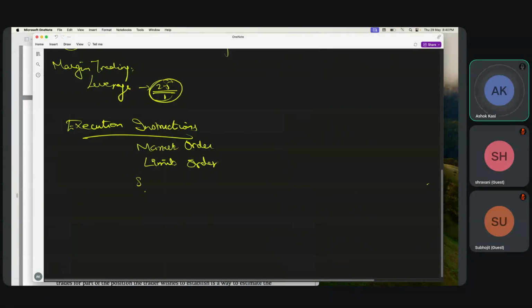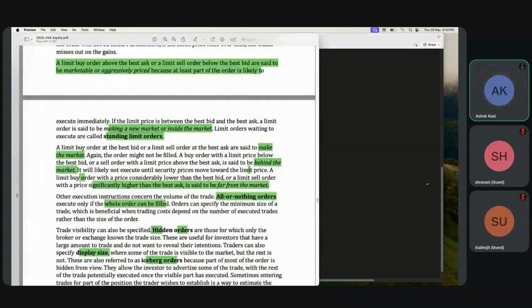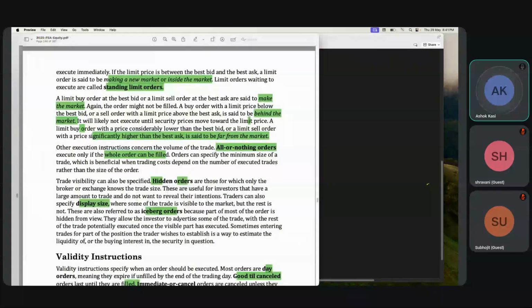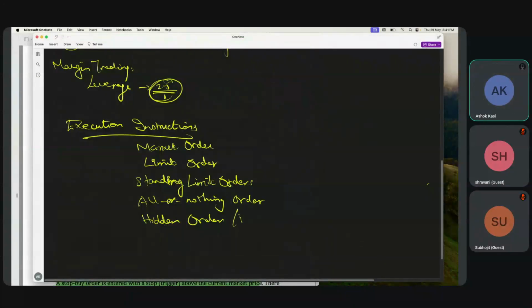Standing limit orders, and then all or nothing order, hidden orders. Hidden order is also called iceberg order.